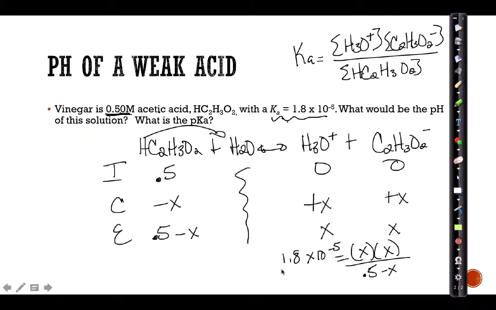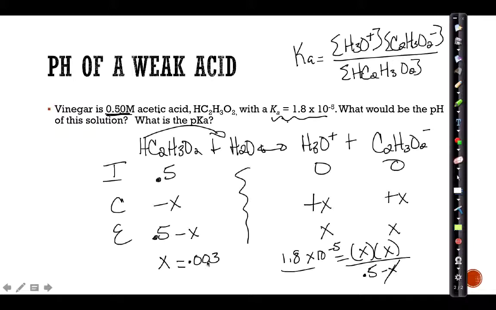Well, Ka is very small, so I can approximate. So I can take out any X's that are being added or subtracted. So what I'm left with is X squared divided by 0.5. So when I solve for X, I'm going to get 0.003. And if you are unsure how to solve that, I would go through it on your own and make sure you get 0.003.